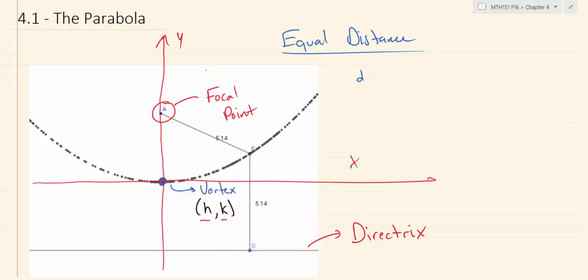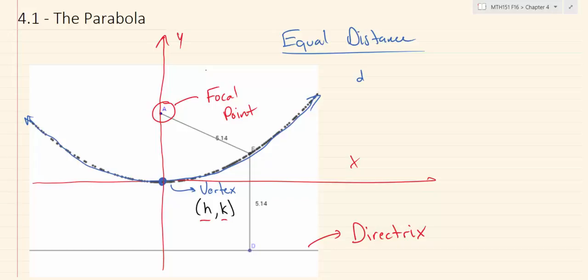We have a focal point and the directrix. And the parabola itself are all of the points that are equal distant between the focal point and the directrix. So we have the focal point. We have the directrix. Those are the two important players. And the result of the equal distance thing is you get this blue parabola.